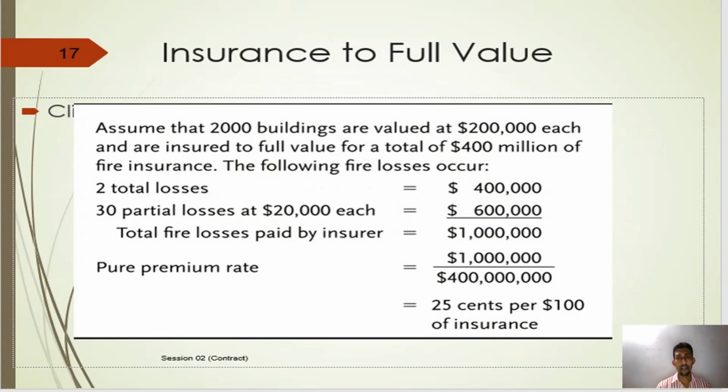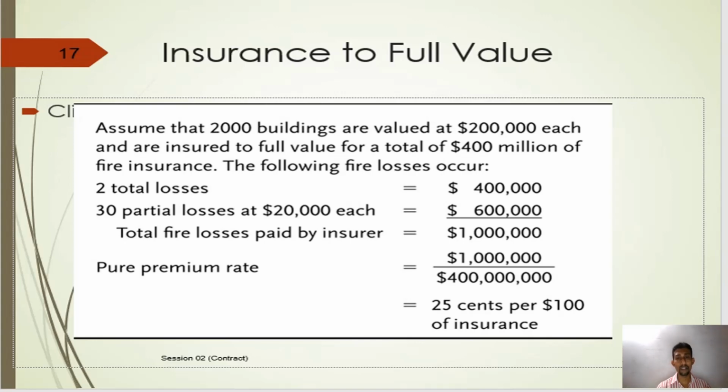Moving forward, when it comes to insurance, it sometimes depends on the value that you are going to claim. Now, sometimes you can insure for the full value, sometimes for half the value, or maybe a certain percentage of the value of your asset.